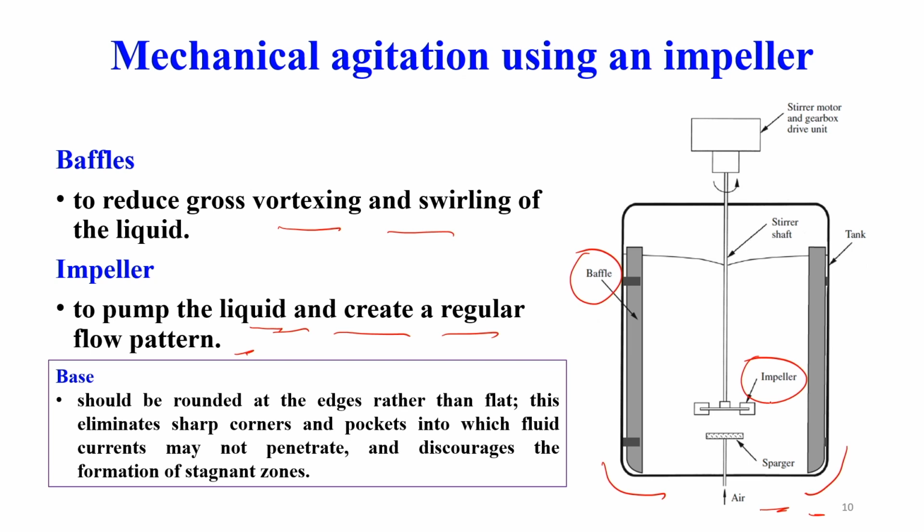The base should be rounded at the edge rather than flat. This eliminates sharp corners and pockets in which fluid currents may not penetrate and discourages the formation of stagnant zones. So, the shape of the base is important to avoid stagnant zones.